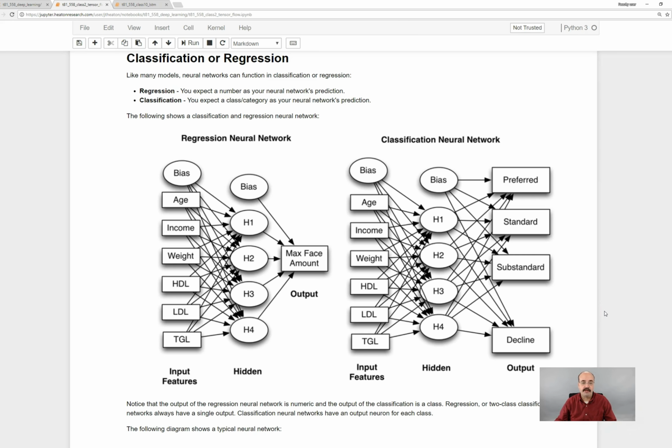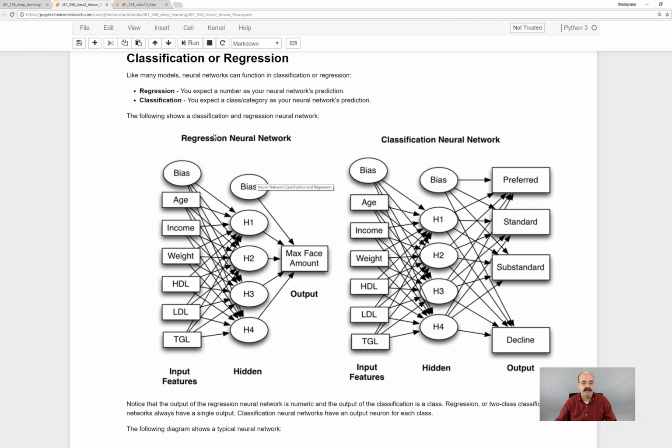So now we'll review some of the information that is on the module website. Here you can see I created 2 neural networks, a regression neural network and a classification neural network. These are life insurance-like neural networks.